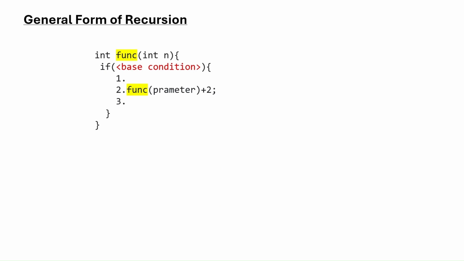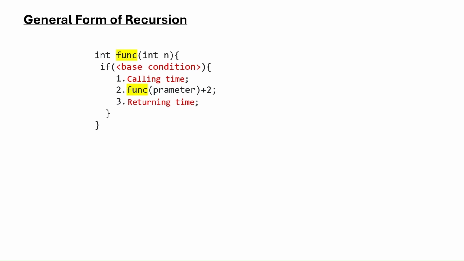From the previous two problems, we learned that the statements written above the function call are executed at the calling time, and the statements written after the function call are executed at the returning time.